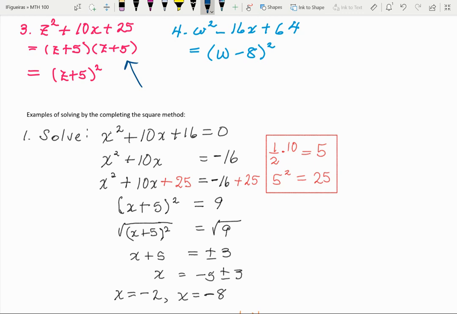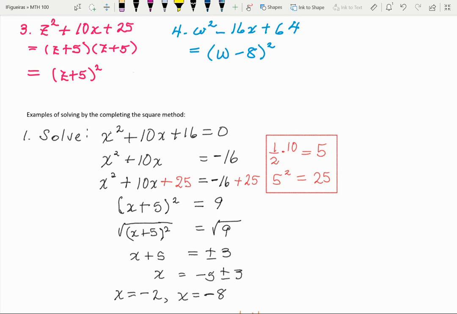Now, I'm actually going to use the square root method within the completing the square method. So I take the square root of both sides of the equation. The square root of x plus 5 squared is equal to the square root of 9. On the next line, I get x plus 5 equals plus or minus 3.